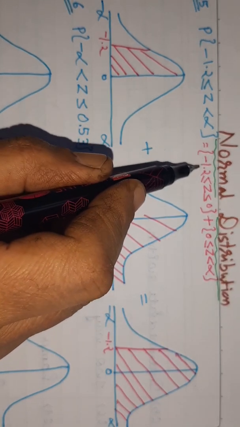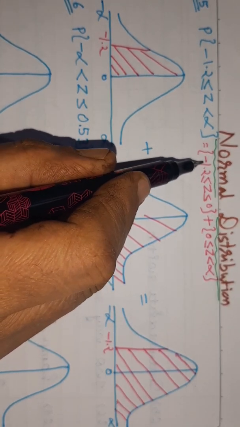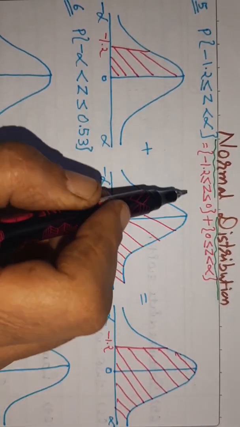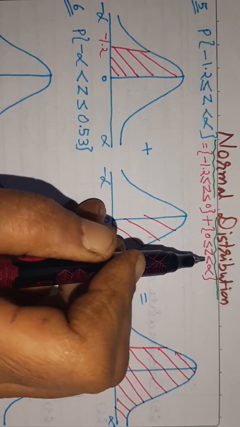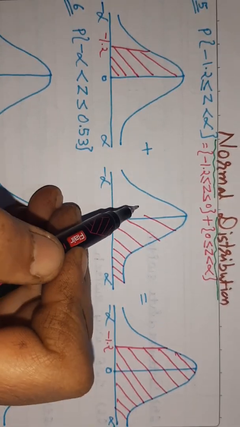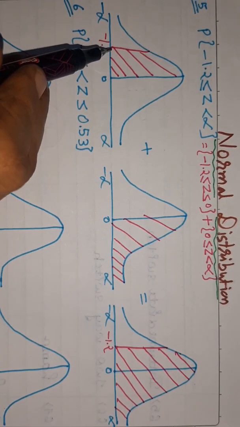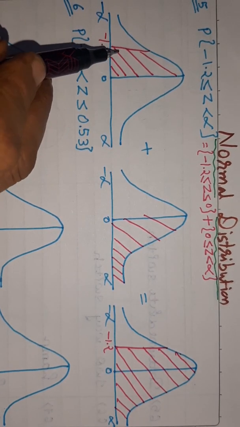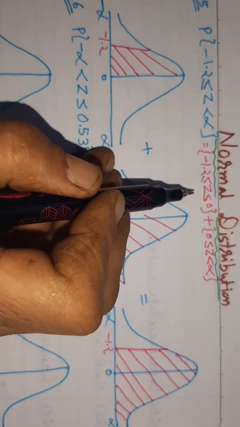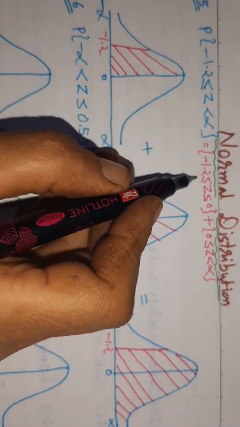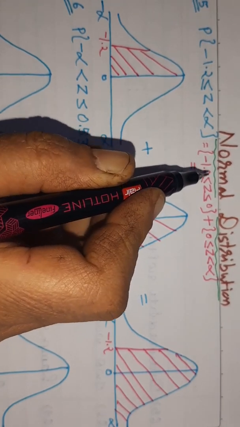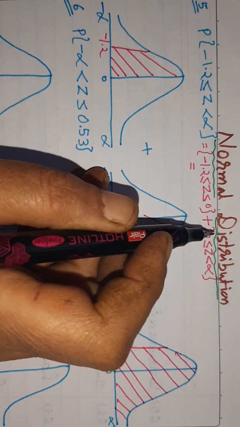This is minus 1.2. Remember, this minus sign we simply ignore at the time of looking in the Z table. The minus sign is only for the diagram, to show which side, left hand side or right hand side. But when we look in the table, we ignore the minus sign and simply look at 1.2 to 0.